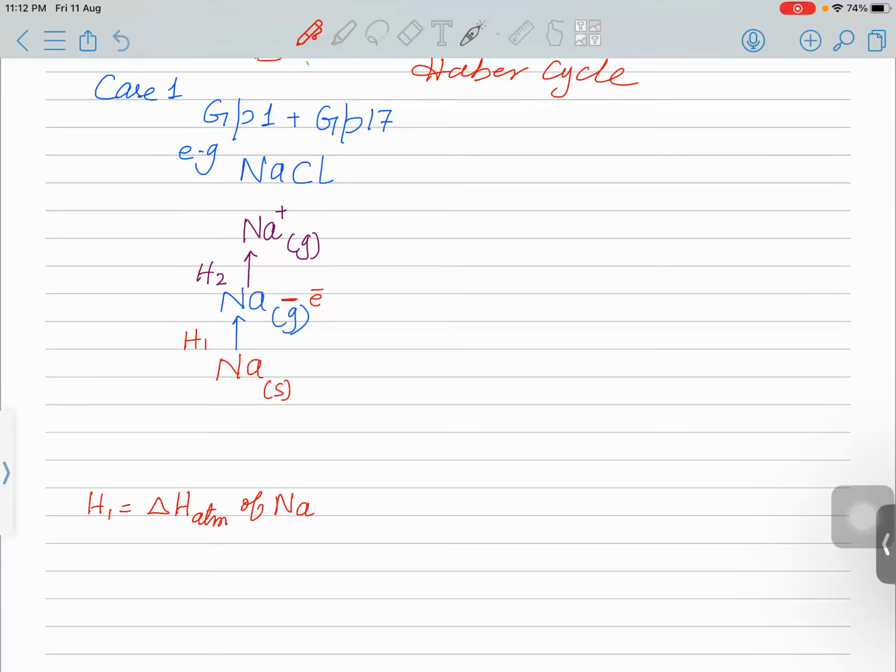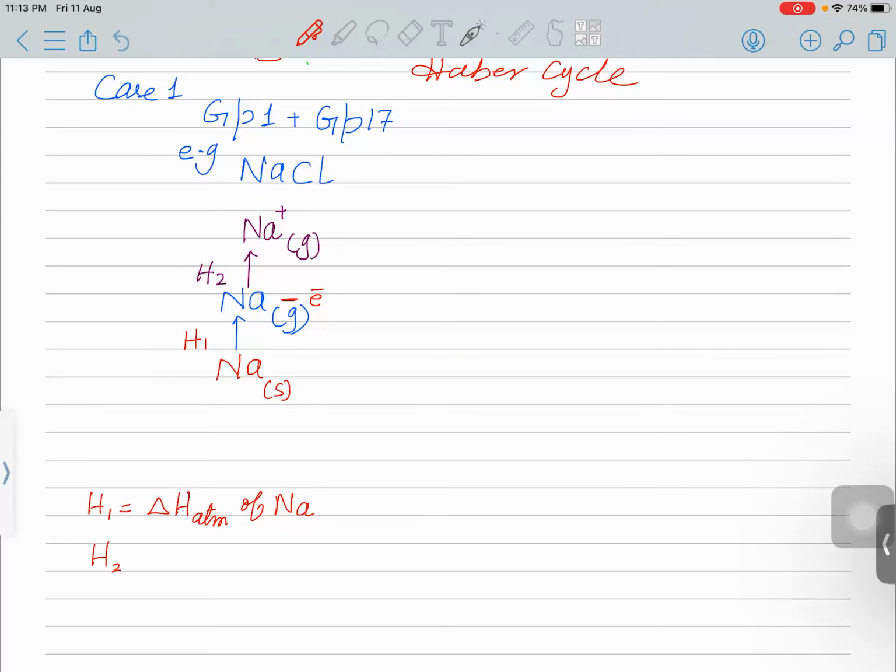Endothermic. No, what is the name of the energy? Whenever one electron is removed from a gaseous atom, energy is required. Yes, Fahim? So ionization energy. Ionization energy. Very good.